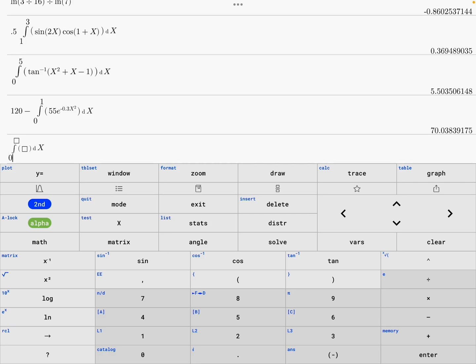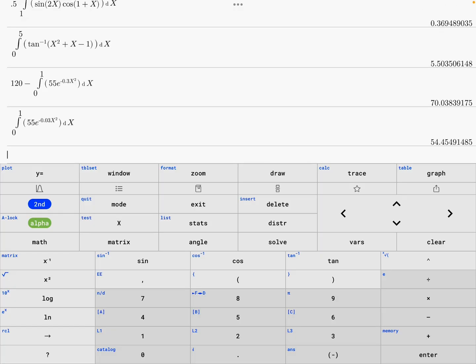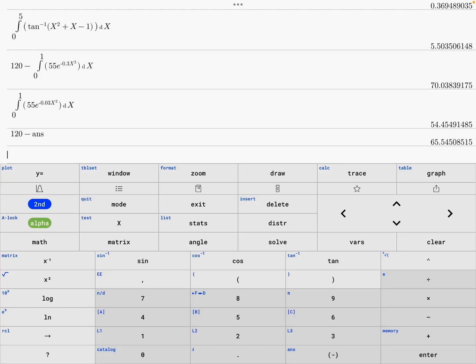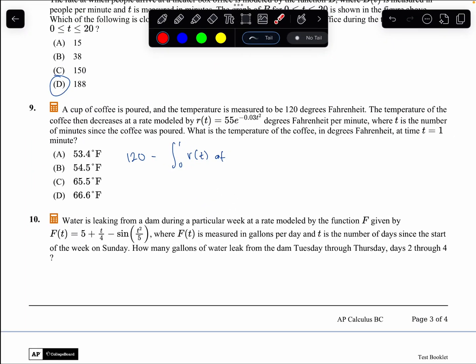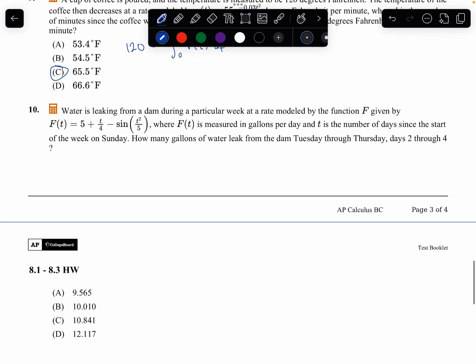Integral from 0 to 1, 55 secant e raised to the negative 0.03 x squared. 120 minus that answer, 65.545, 65.5. How are they not rounding to 3 decimal places?